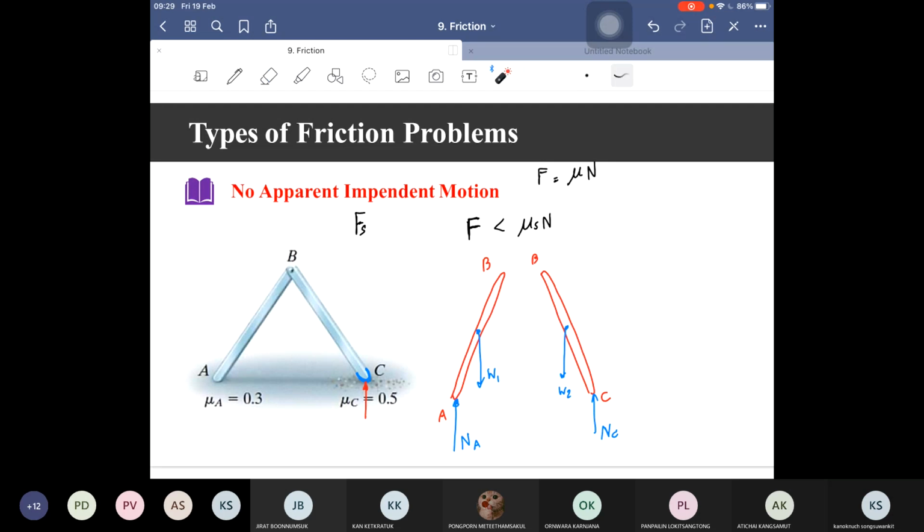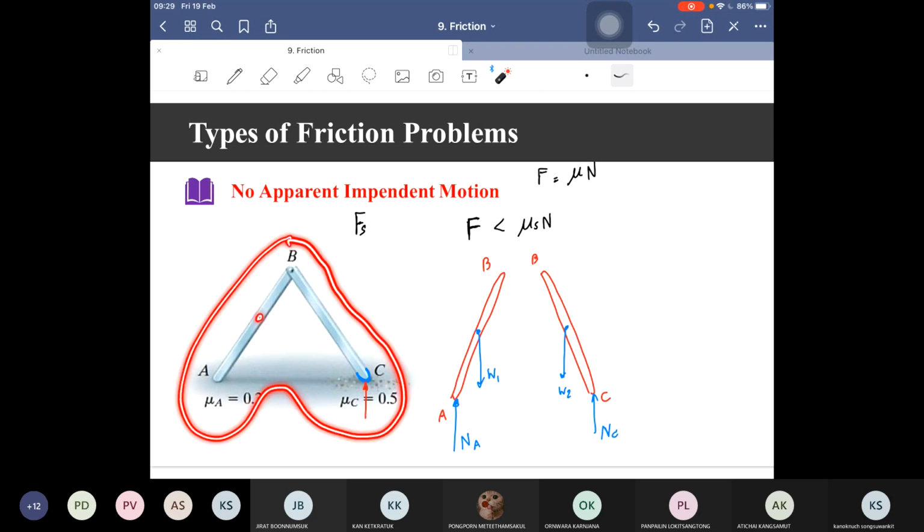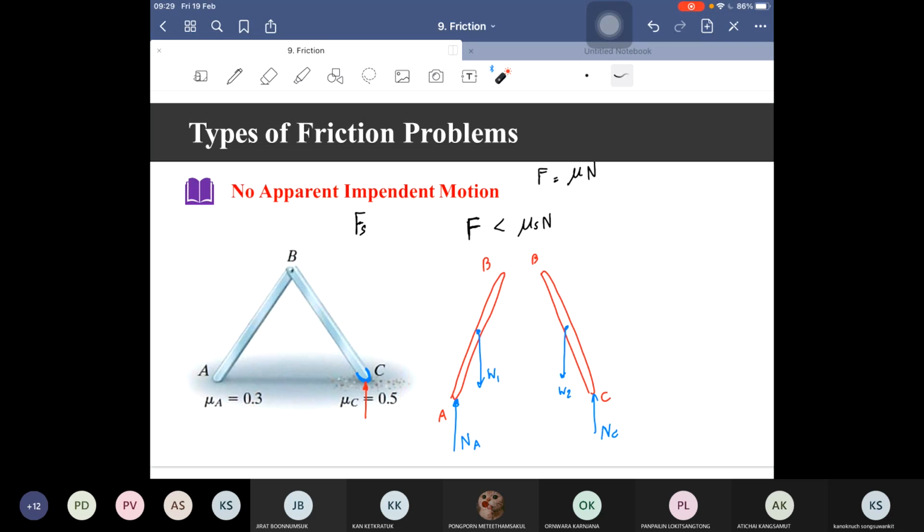In this system, we don't have any external force inserted. It has only the weight of AB and BC that makes these two bars tend to move. If the weight is great enough, you have to guess where these two bars are going to move.